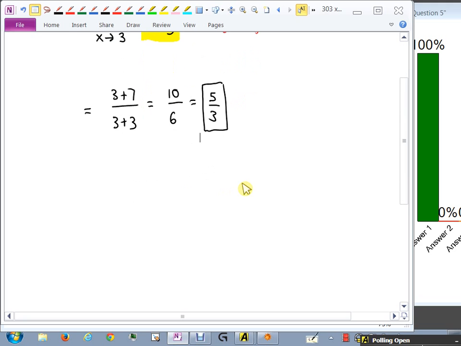All right, so let me tweak it. Let's do something like this. What's the limit as x approaches 3 of x squared minus 3x over x squared plus 1?